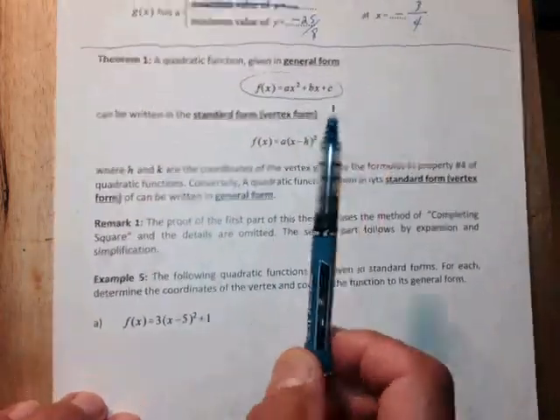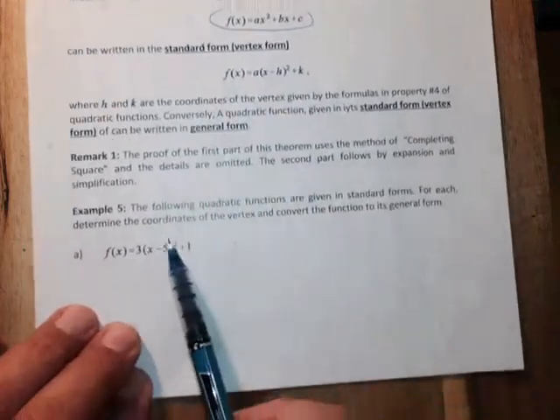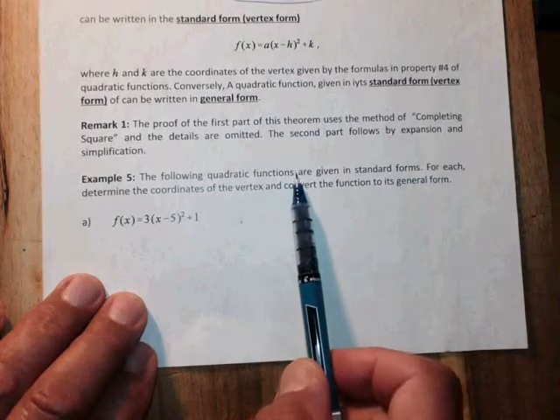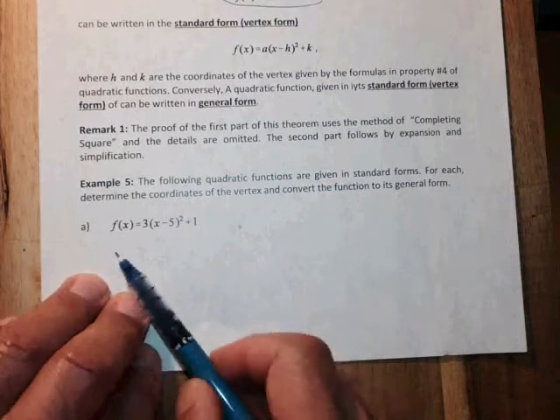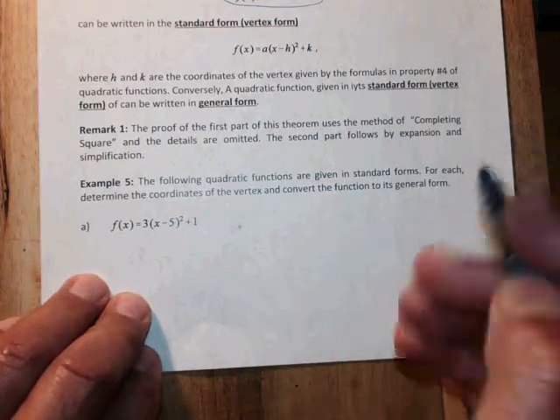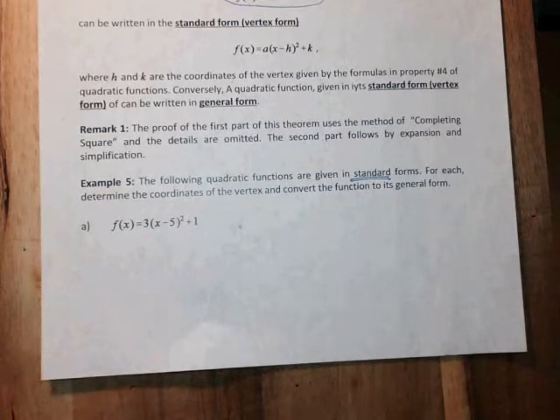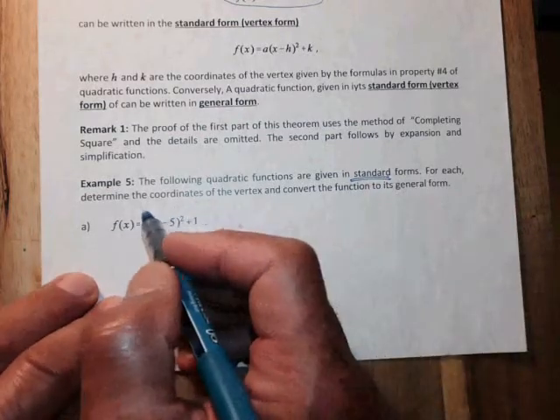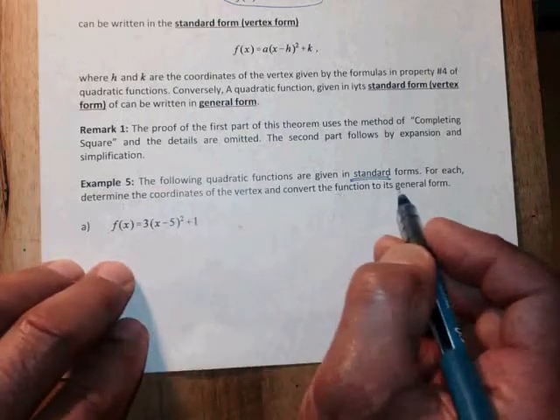Now here is the first type. The first thing we're going to do is to go from standard form to general form. That's what this example is. The following quadratic functions, there are two of them, A and B, are given in the standard form, and for each one we want to find first the coordinates of the vertex, and then convert it into general form.